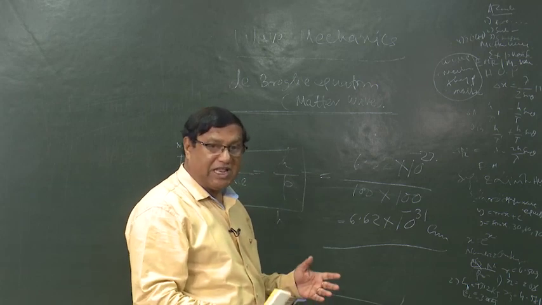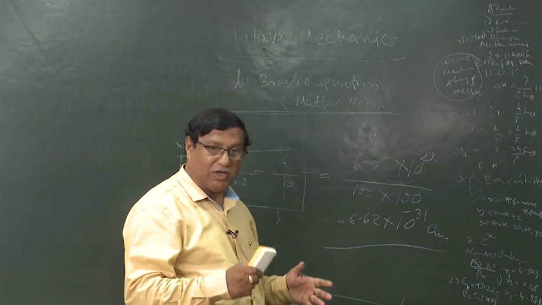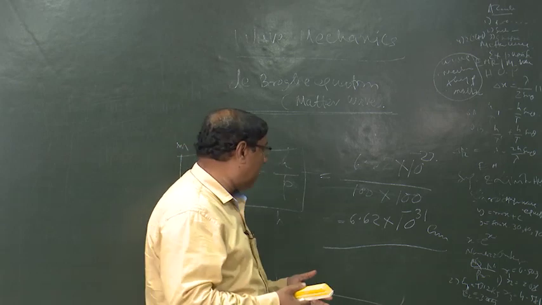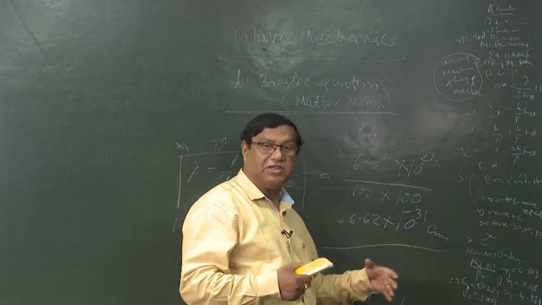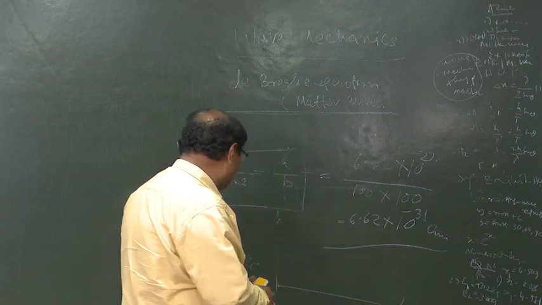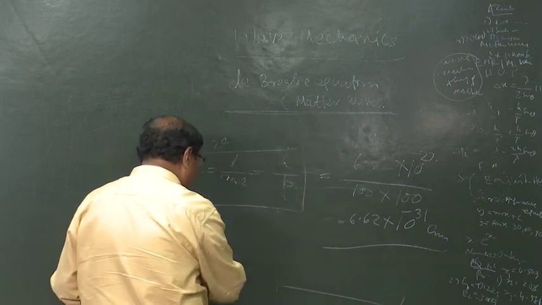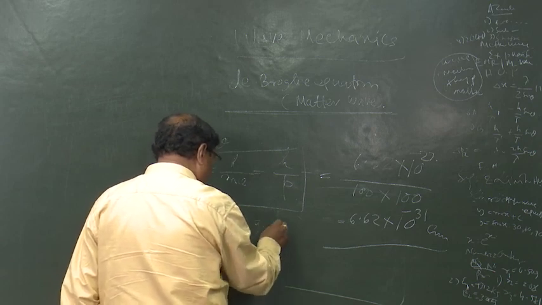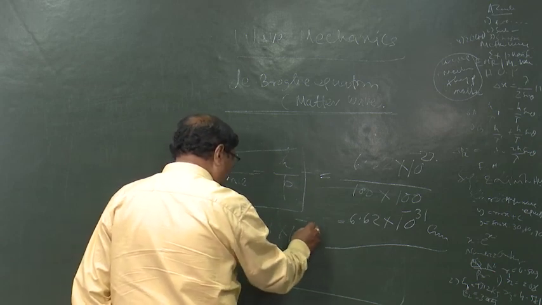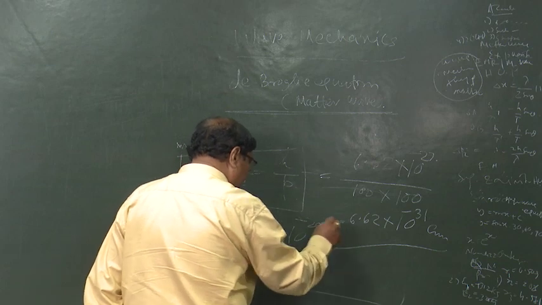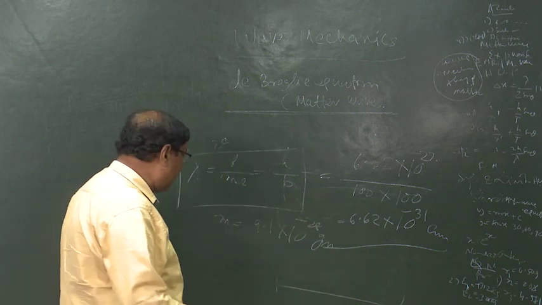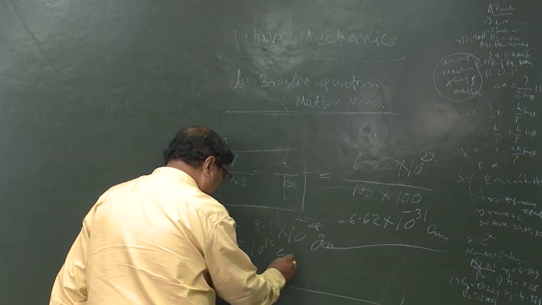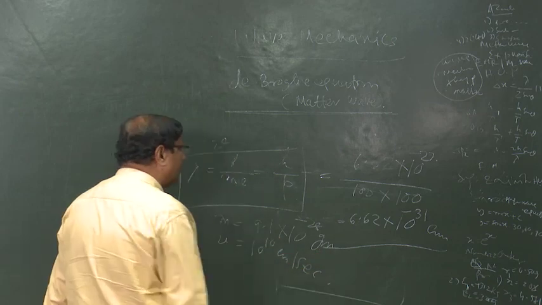So, a macroscopic particle is associated with a wave, but that wave is too small to be detected. Now, let us consider an electron, whose mass is known. The mass of the electron is 9.1 into 10 to the minus 28 gram, or in kg it will be 10 to the minus 31, and suppose it is moving with a velocity of 10 to the 10 centimeter per second.